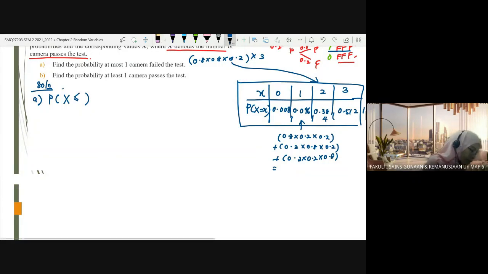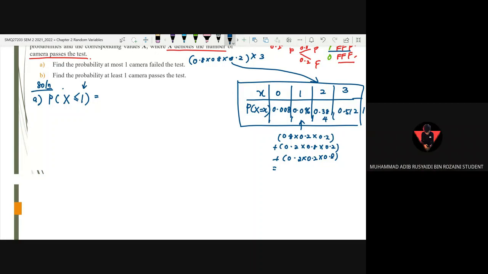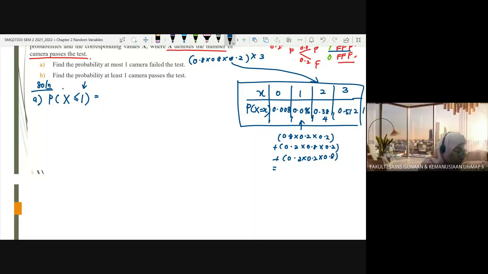So what is the value? What are the values involved in this case? Less than or equal to 1. Is 1 included, class? Yes, because less than or equal to, right? So you are talking about 0 and 1. So this is reflecting P(X = 0) plus P(X = 1).